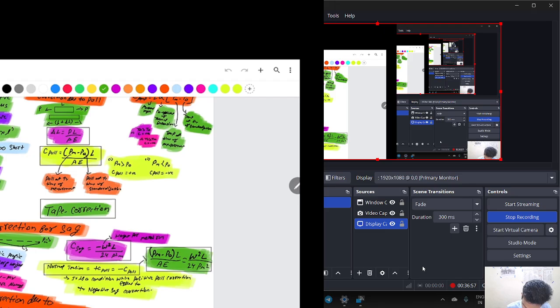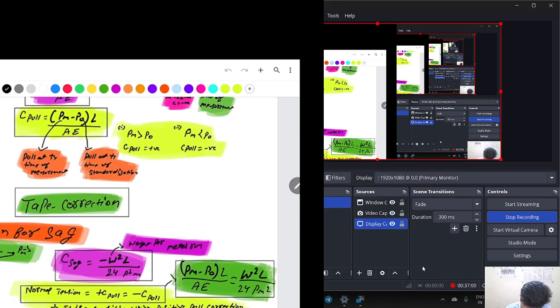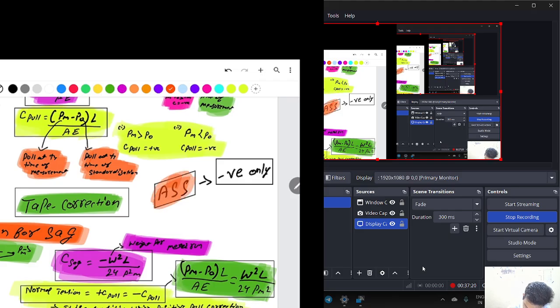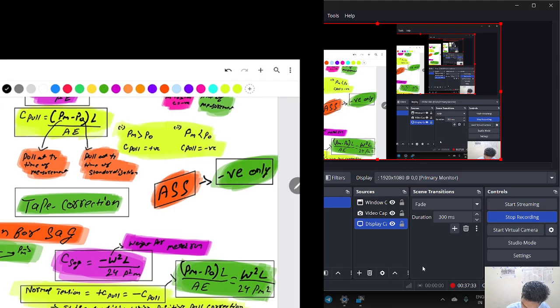Like I will write here, A double S, okay, negative only, negative only. A for wrong alignment, S for slope.